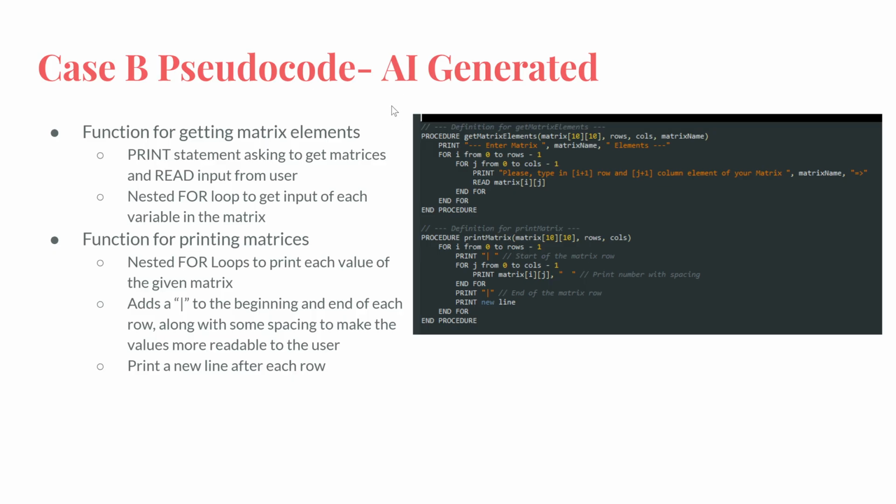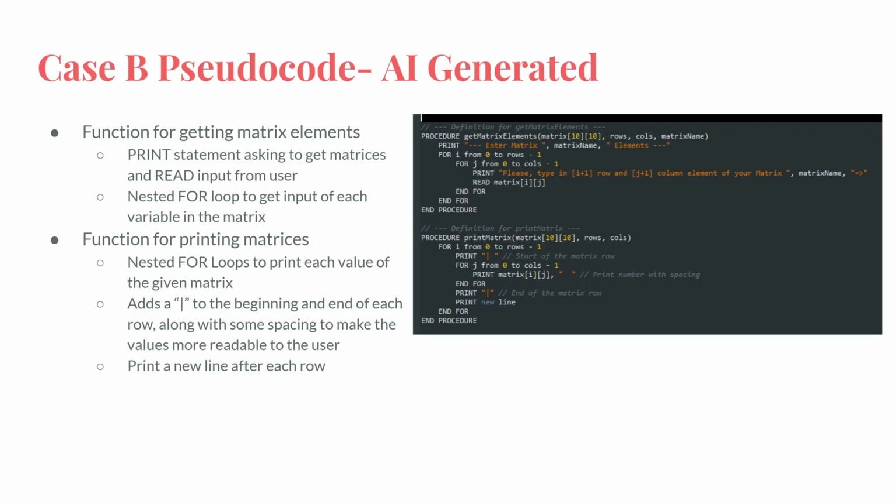So for the get matrix elements function that it included, it prints out a statement stating to enter the matrix elements for the given matrix. It then uses a nested for loop to ask the user to input each value of the matrix, and then it ends the procedure and feeds it into the program.